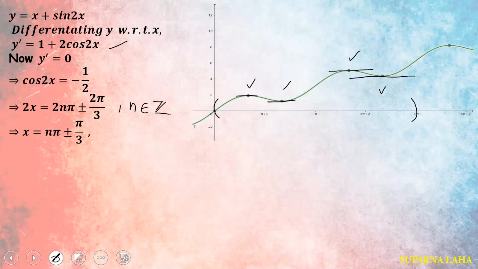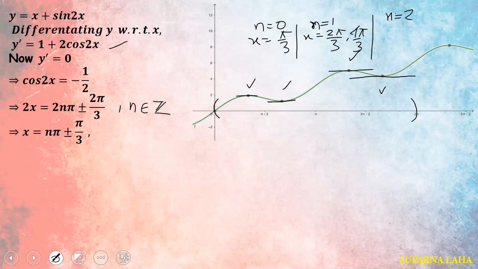Now, put n equal to 0. If n is equal to 0, we will find that x is equal to pi by 3. Now for n equal to 1, x is equal to pi plus pi by 3 and pi minus pi by 3, that is 4 pi by 3 and 2 pi by 3. Put n equal to 2.